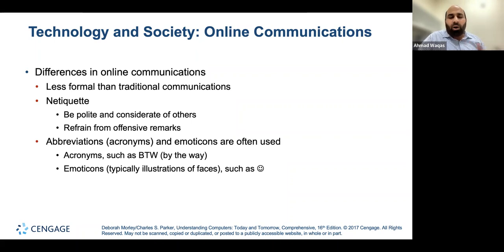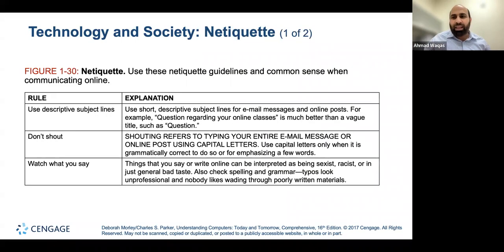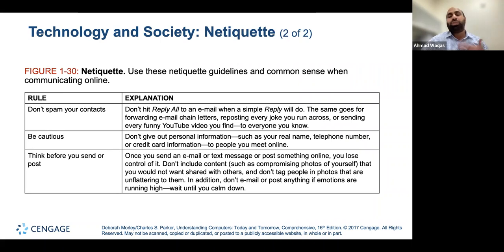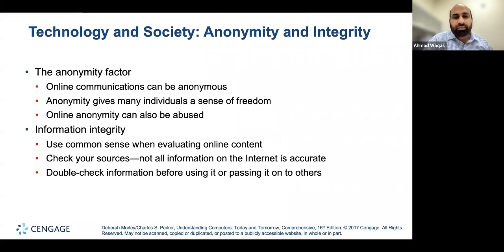Instead of being formal, online communication actually makes us more informal in the social media environment, right? Here is a list of etiquettes that you can simply read, on how we should react to a particular action.